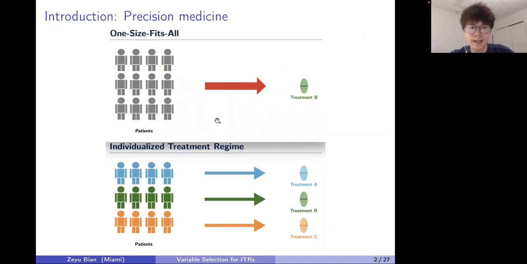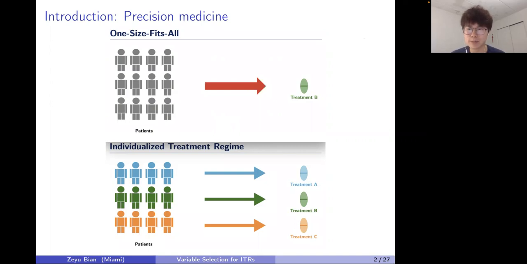As you can see here, we have two graphs, where each graph represents a treatment strategy. In the first graph, we have this one-size-fits-all approach. We just assign all the patients the same treatment B, ignoring their information.